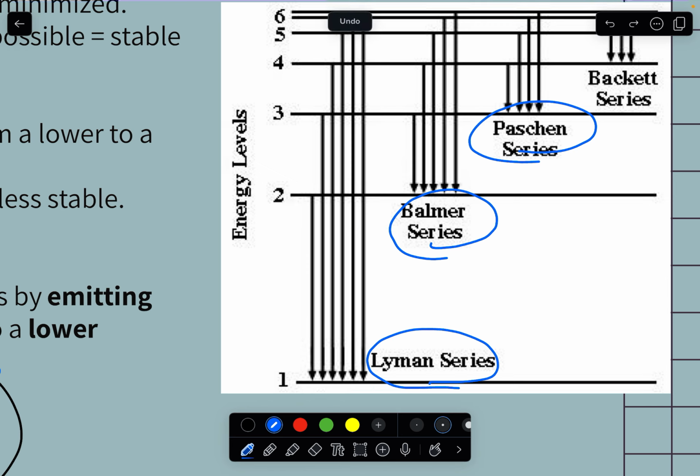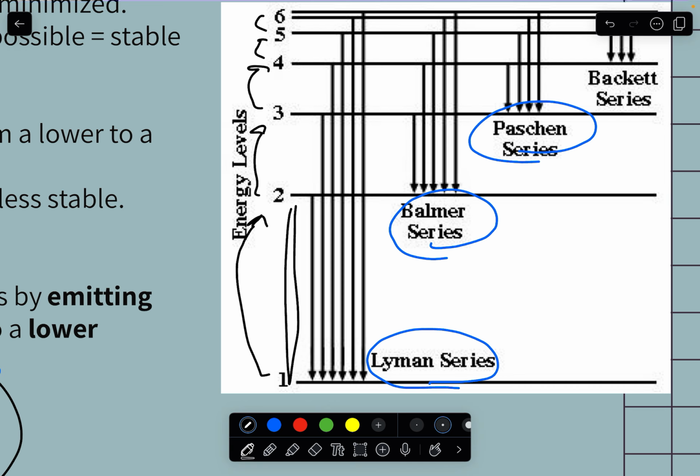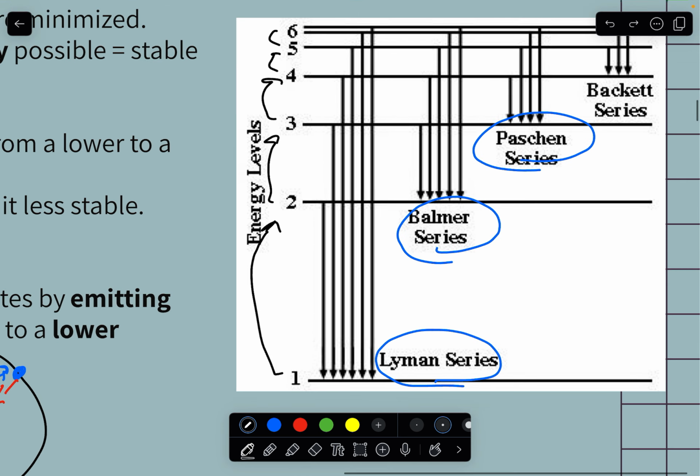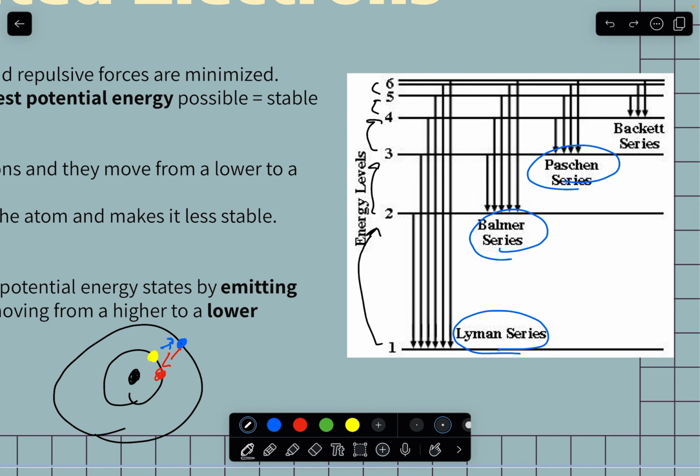Why that's important is because as you go up energy levels, the space between them gets smaller, right? The smaller space, the less energy there is. So Lyman series releases more energy because it's a longer path than Balmer series, and Balmer releases more than Paschen, okay? You need to make sure you understand that concept, but there will not be any math regarding that.